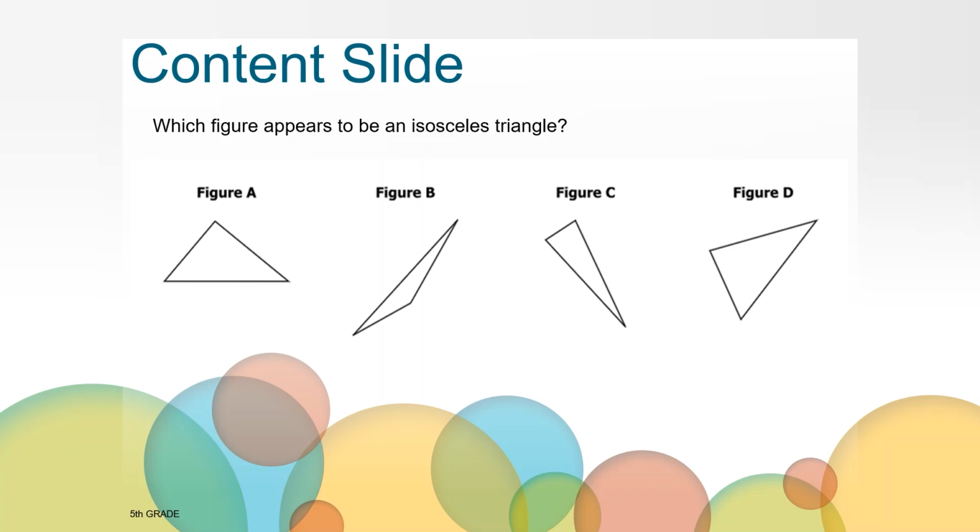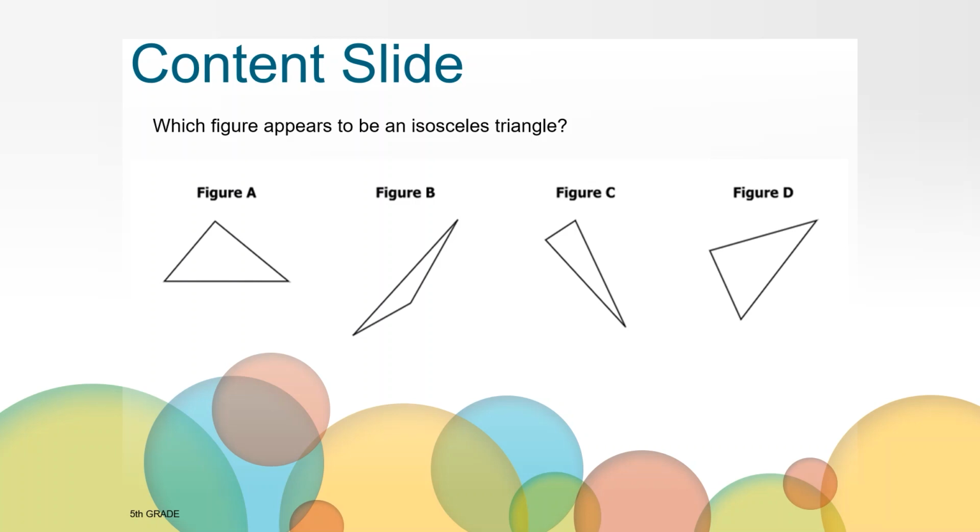What do we need to figure out when we're looking at these triangles? What tool might we use to help us prove our answer? We would need to measure the lengths of the sides to see which triangle has two sides of equal length. The best tool to use would be a ruler.